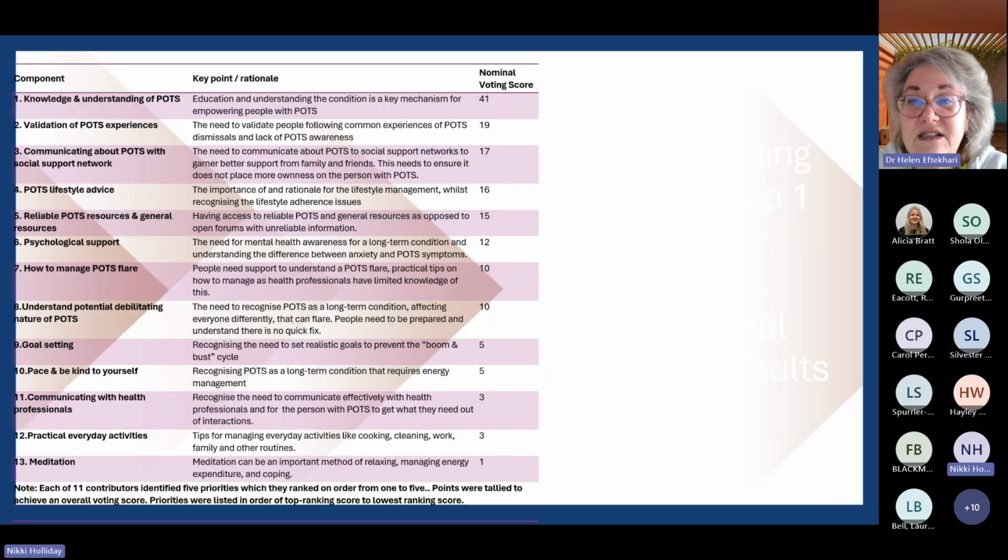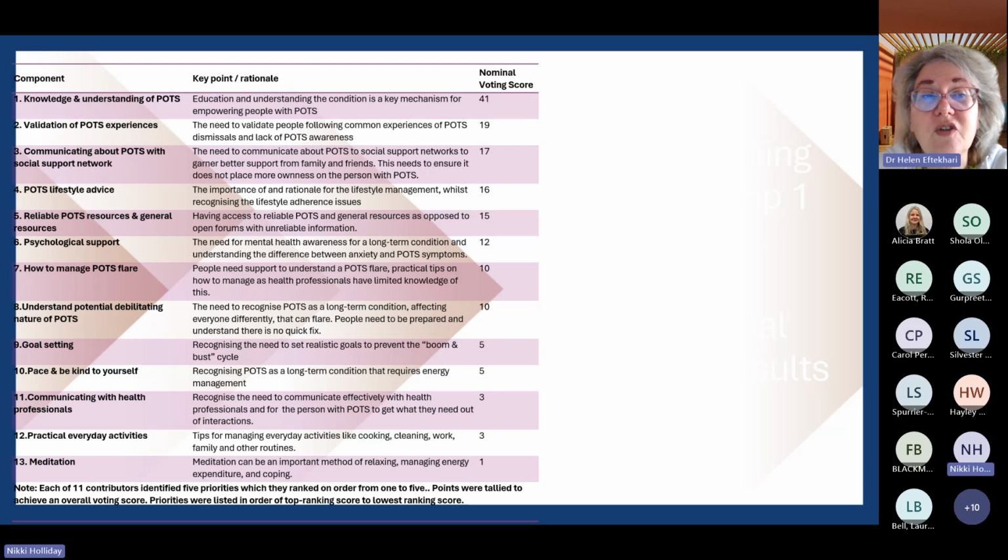So these are the priorities that were set in the workshop, and you can see there were a total of 13 from that original taxonomy that were discussed and thought were important. The top one was knowledge and understanding of the condition. Validation of experiences came next, which again really emphasized the importance of that co-defining stage, when we looked at the interviews and that whole theme that came out around validation.